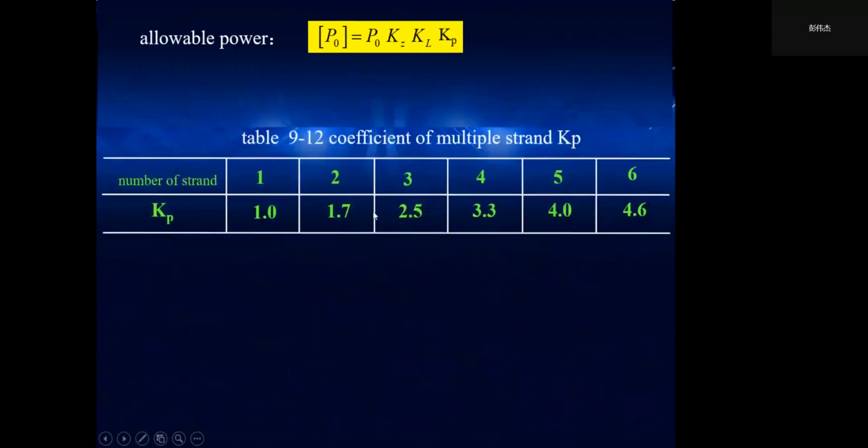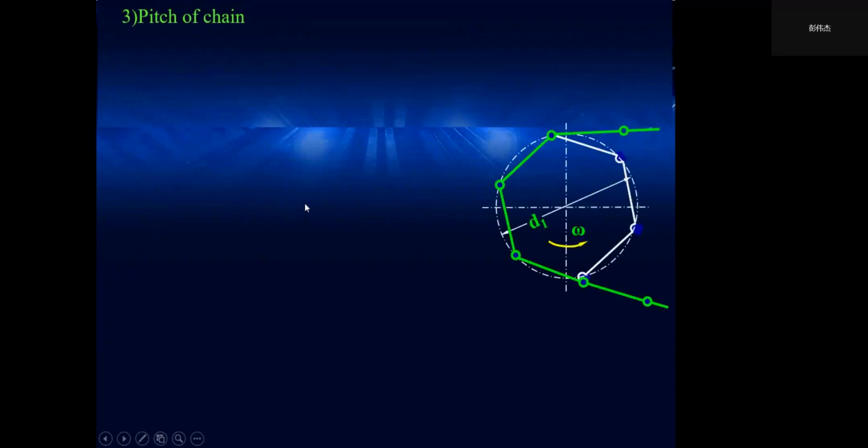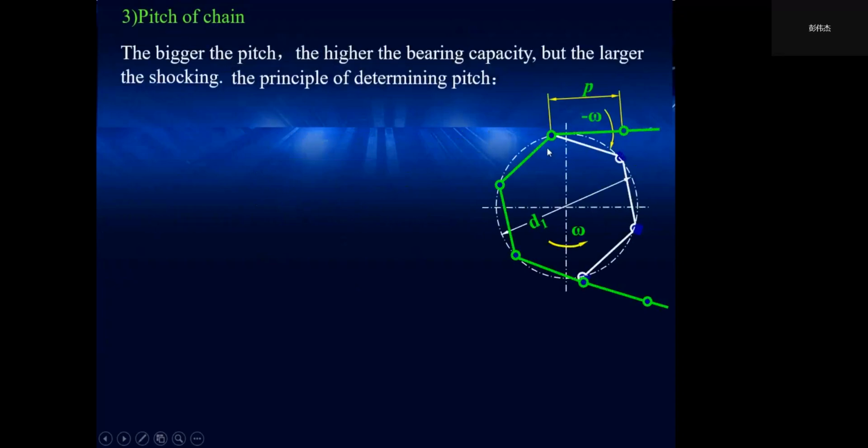And this is the coefficient of multiple strands Kp, and this is the number of strands. Usually, the number of strands is less than 4, and then for the pitch, the bigger the pitch, the higher the bearing capacity, but the larger the shocking, or the larger the polygonal effect.